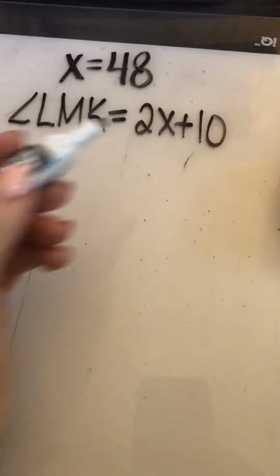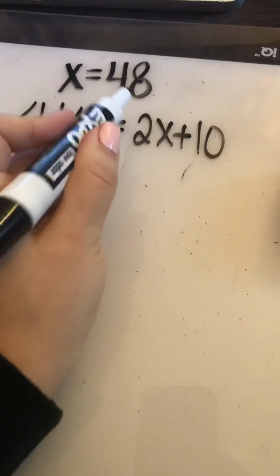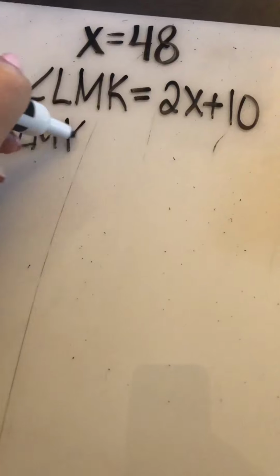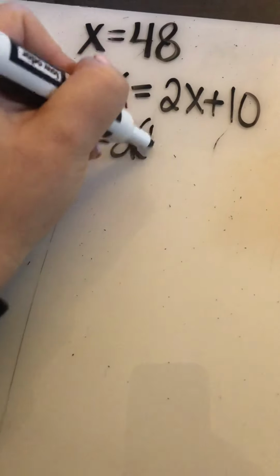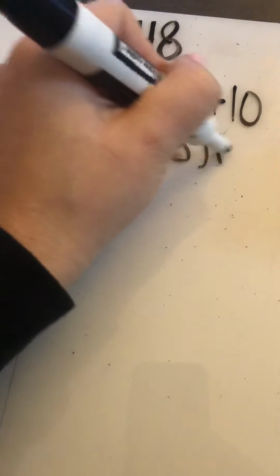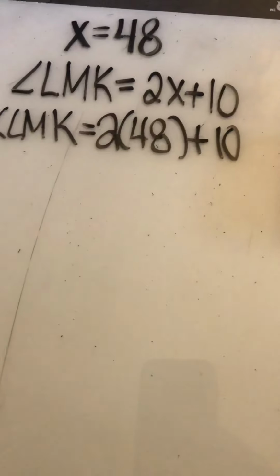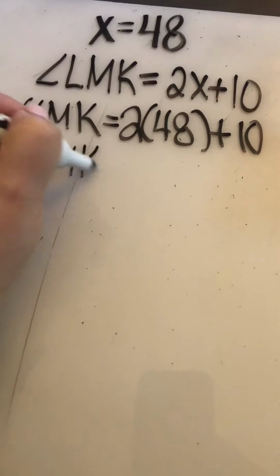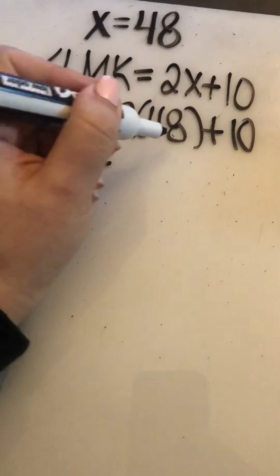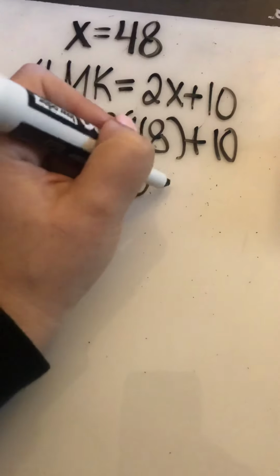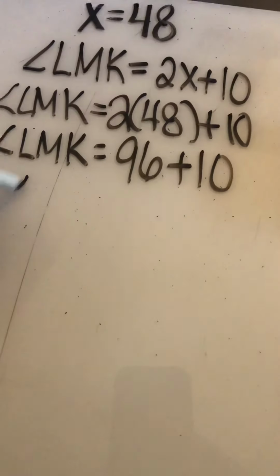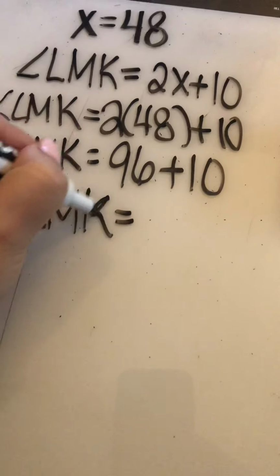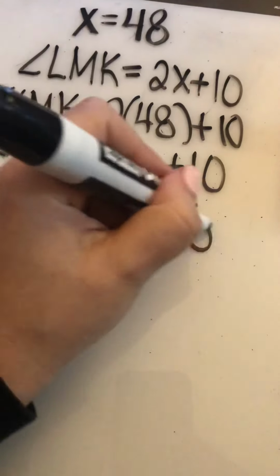Okay, and then I'm going to rewrite it with x replaced with 48. So angle LMK equals 2 times 48 plus 10. Okay, and now we solve. Using our order of operations, we're going to multiply first. So angle LMK equals 2 times 48 is 96, plus 10, so angle LMK would be a final answer of 106 degrees.